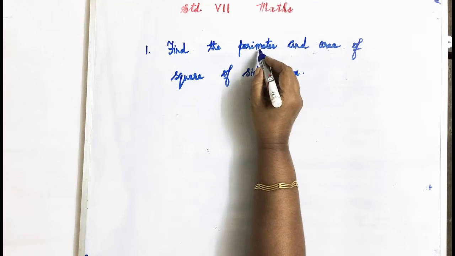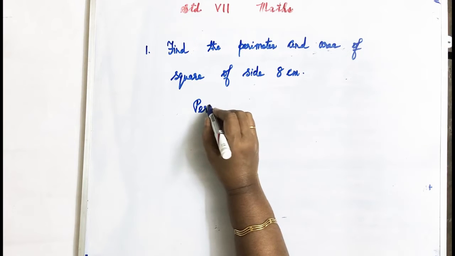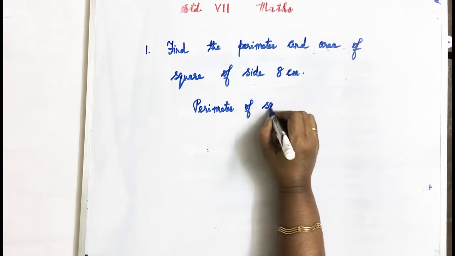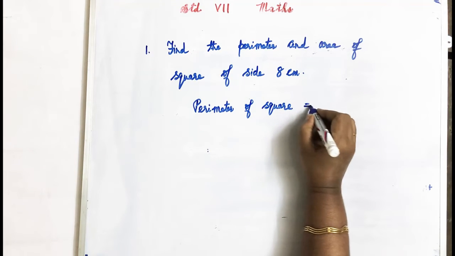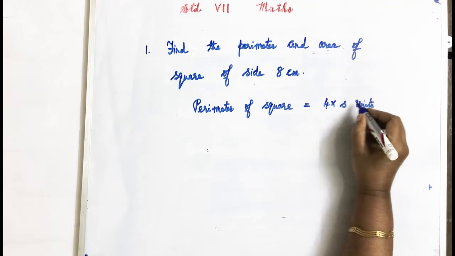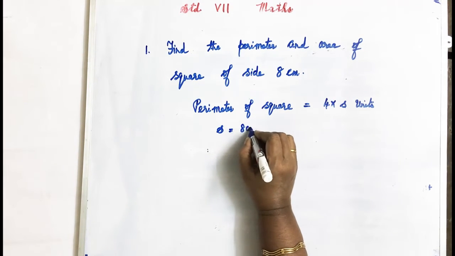So first we have to find the perimeter, next we should find the area. So now perimeter of square. What is the formula? 4 into S units. What is S here? S is the side. So S is equal to 8 centimeter.